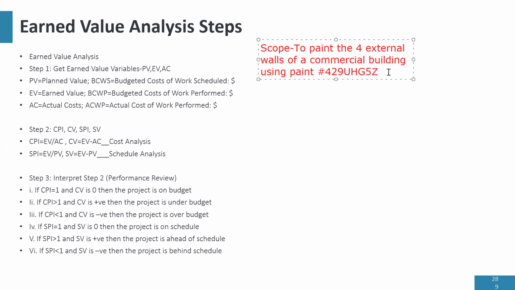Right, so the scope is clear. We want to paint the 4 external walls of a commercial building using a particular paint.